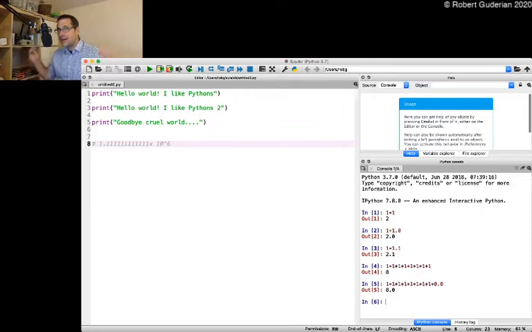So there could hypothetically be some number behind the decimal point, a fraction of a number. So it's going to say, okay, I'm going to give you a float in return.